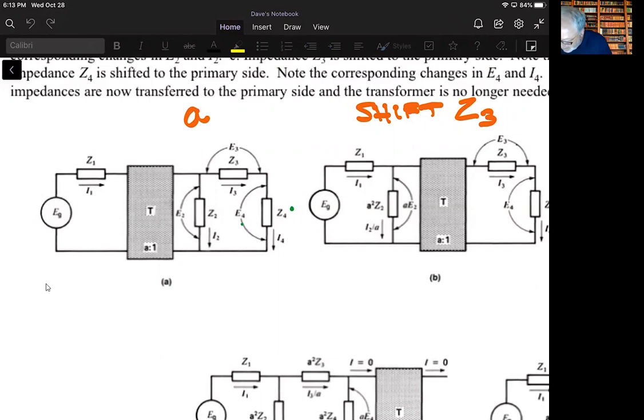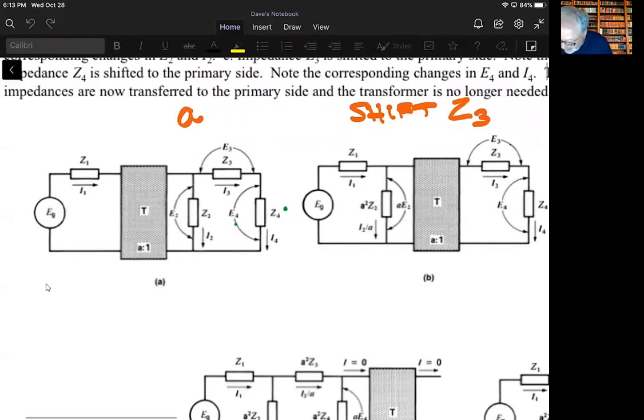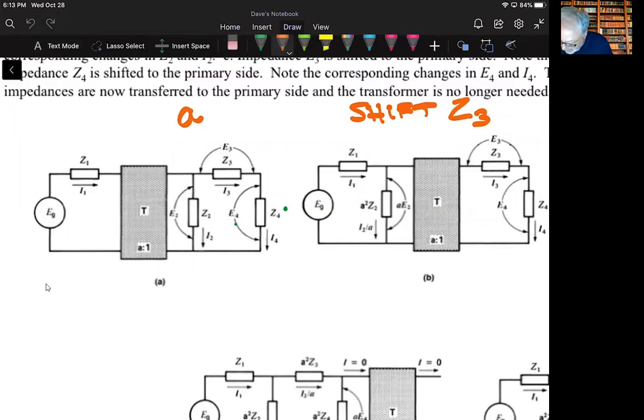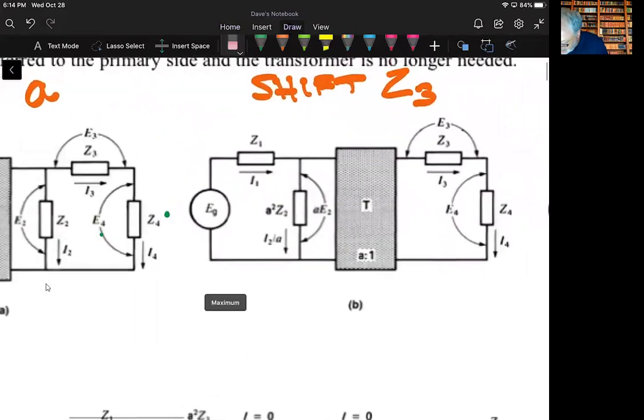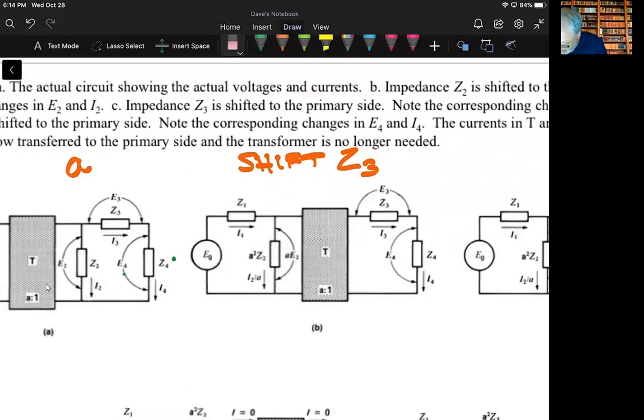So going from this to this is done by moving it in the same position and just changing that Z2 to a squared Z2. Okay, so that's the first thing that I did.